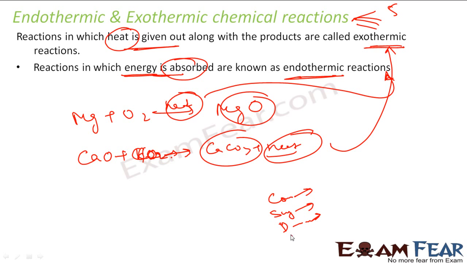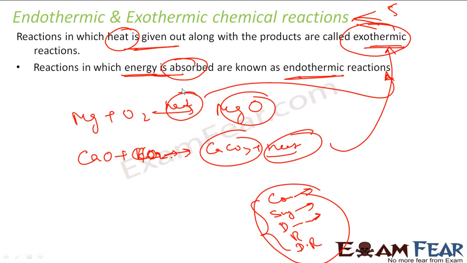You may also get a synthesis reaction as exothermic, a decomposition reaction as exothermic, or a replacement or double displacement reaction as exothermic. Similarly with endothermic. This classification is not based on the number of products or the replacement it makes. It is solely based on heat. If it emits heat, it is exothermic. If it requires heat, it is endothermic.